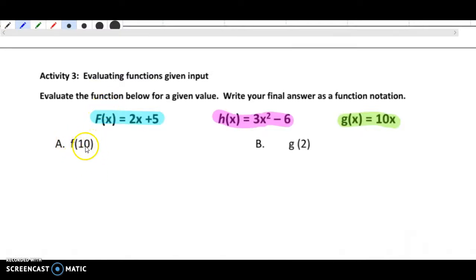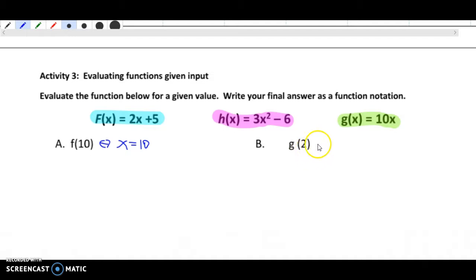So let's start with f of 10. Again, this means the input is 10, and the input, what goes inside the parentheses, is our x value. So another way we should write this is simply x is equal to 10. Now you have to understand that they mean the same thing. Here's an arrow going in both directions. F of 10 means x is equal to 10.